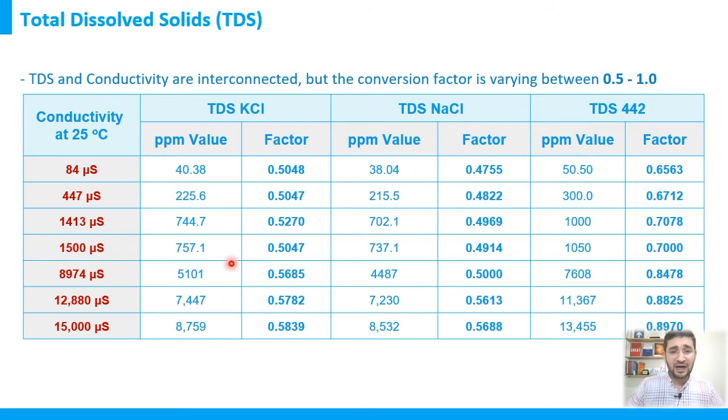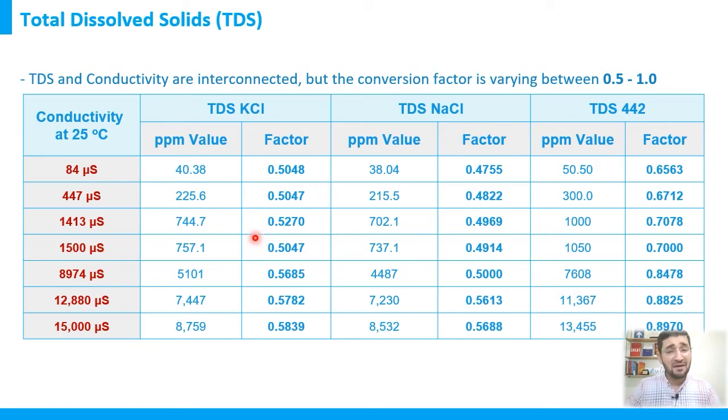But for a moderate sample like brackish water of a conductivity 1500 microsiemens per centimeter, the TDS is 757 ppm. That means the factor is 0.5047, so it's a bit different than the previous one.